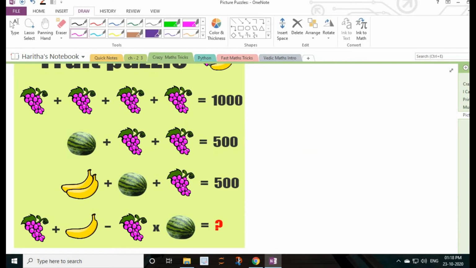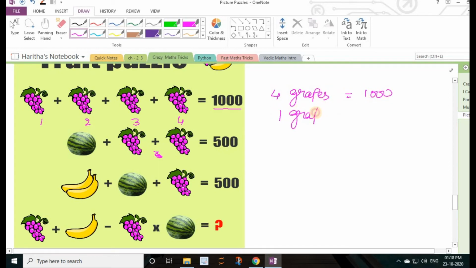Okay, so here how many grapes are there? One, 2, 3, 4, and this is equal to 1000. So 4 grapes will be equal to 1000. Then 1 grape will be equal to how much?